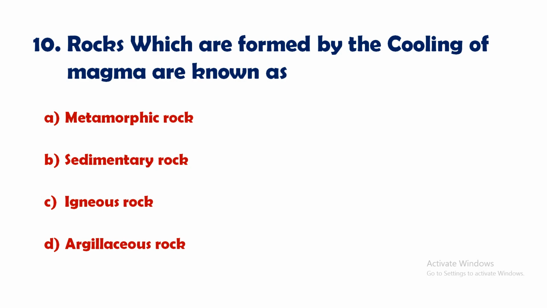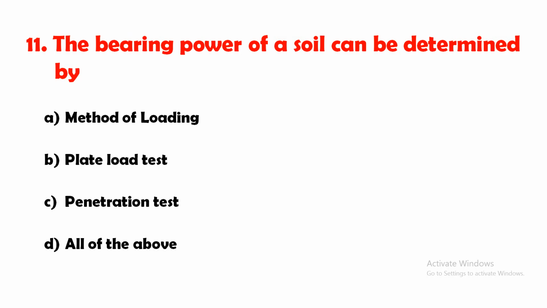The answer is: rocks which are formed by the cooling of magma are known as igneous rocks.